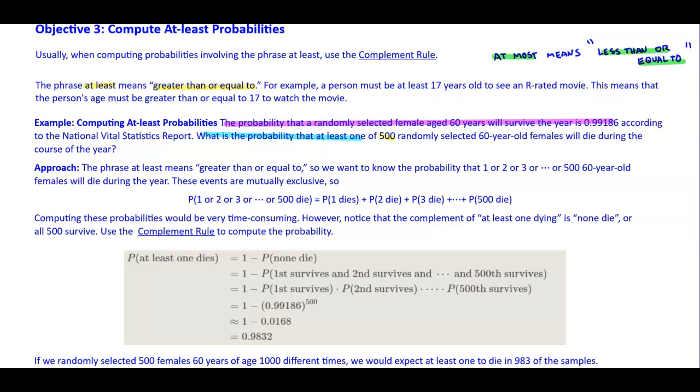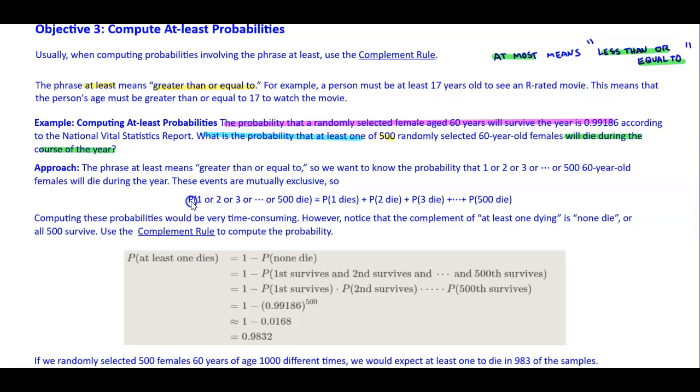The phrase "at least" again means greater than or equal to. So we want to know the probability that 1 or 2 or 3 or all the way to 500 60-year-old females will die during the year. Now, these events are mutually exclusive.